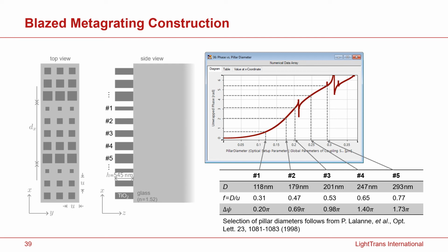Therefore, if you want to make a blazed grating, you want a linear phase transformation. So we have selected 5 pillar diameters, which generate almost evenly 5 different phase values within 0 to 2 pi. And we distribute them on the metasurface in a sequence.